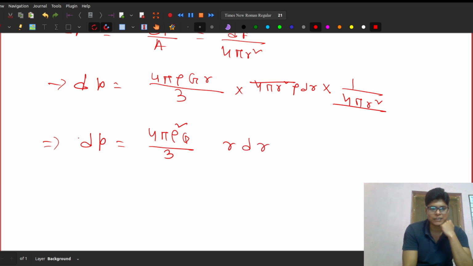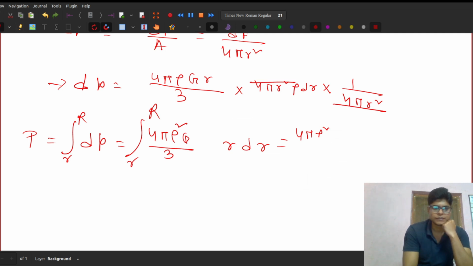Now we are to find the pressure at some point r. So let's say the distribution is from small r to capital R. So P equals this one, r to R. This thing is constant, so it gets out of the integration, 4 pi rho squared G by 3 integral r to R of r dr, and the integration would be half capital R square minus small r square.